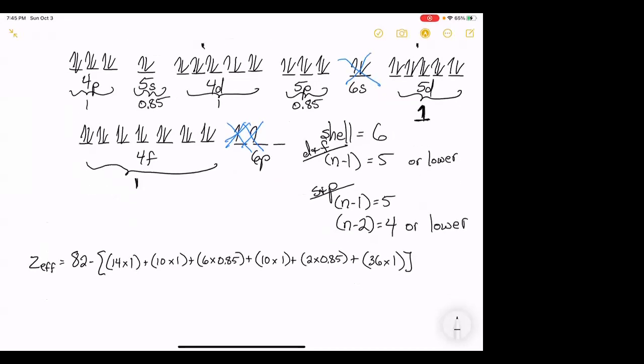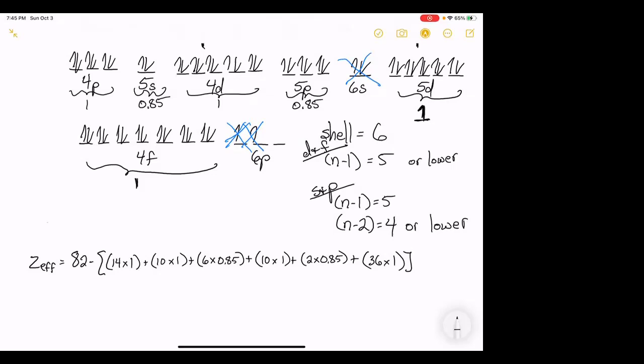I'm going to have to do it this way. That would be 82 minus 14 minus 10 minus 6 times 0.85 minus 10 minus 2 times 0.85 minus 36.